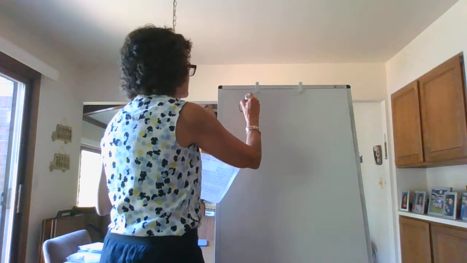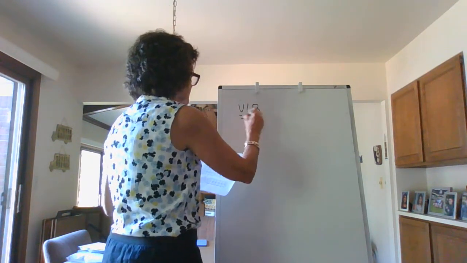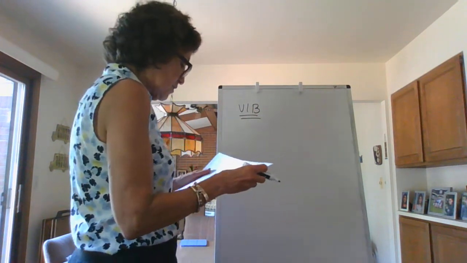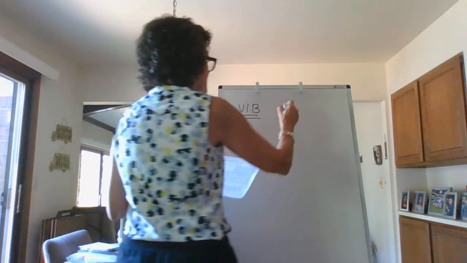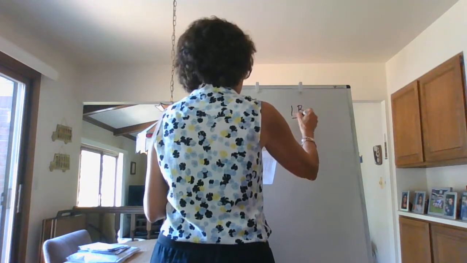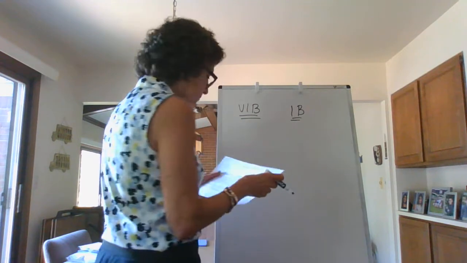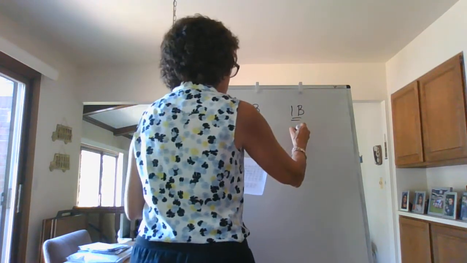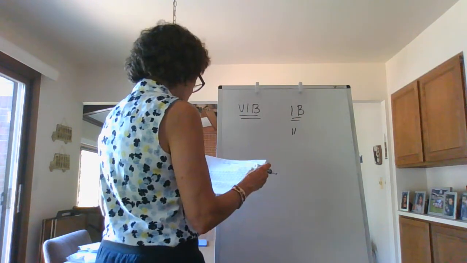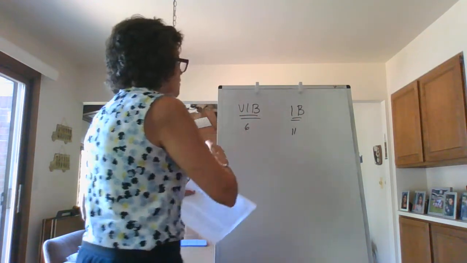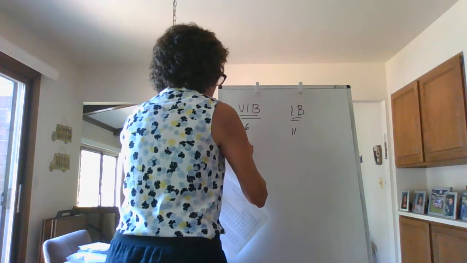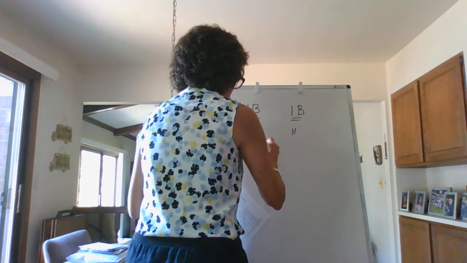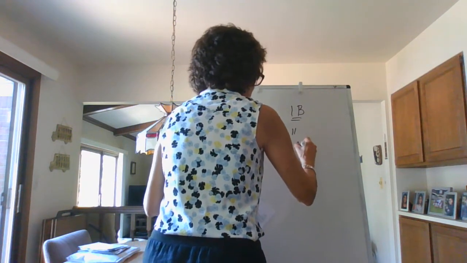Everything in group 6B and everything in group 1B. So in the systematic numbering system, this is group 11. And this one is group 6. So these are going to be the exceptions to Aufbau.